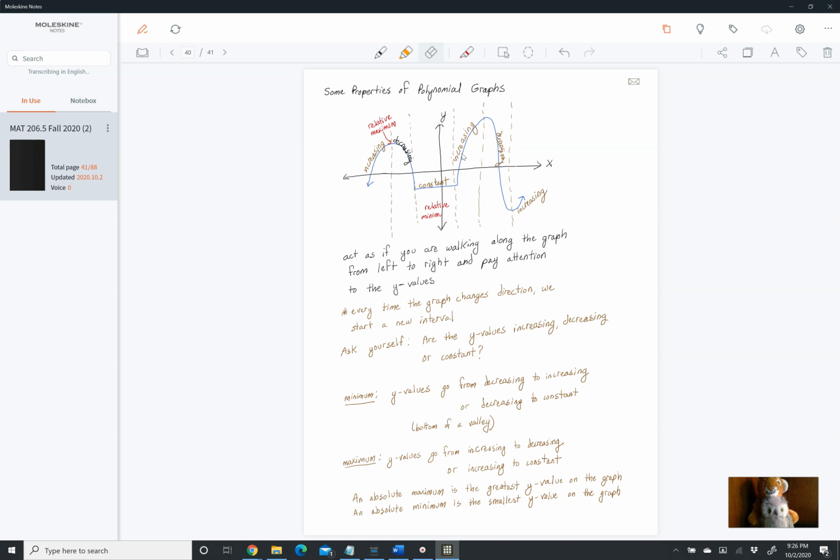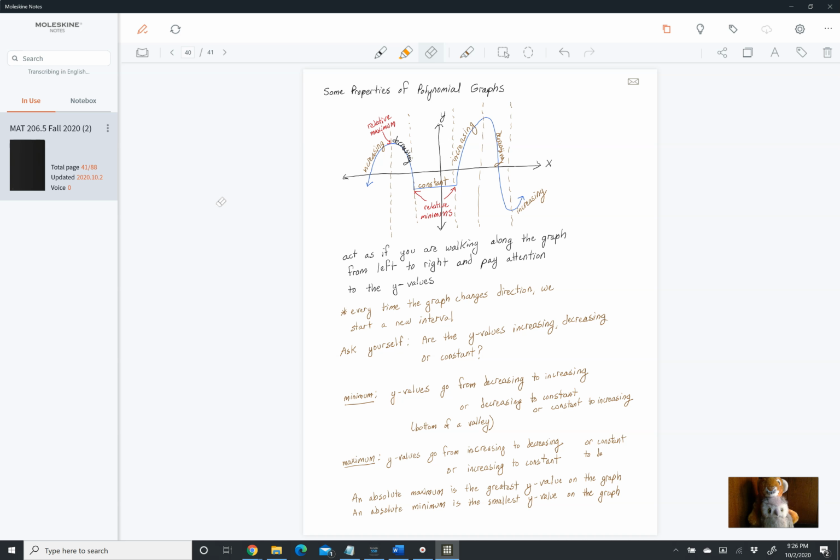And I'll add that in at the bottom. Okay, so let's just add that in here. So, or constant to increasing. And then the same thing would be here, or constant to decreasing.